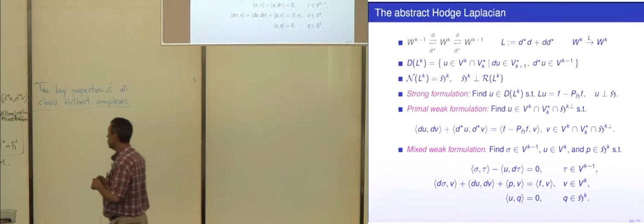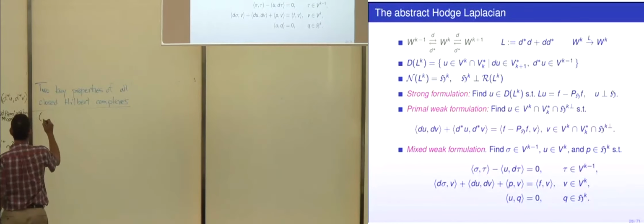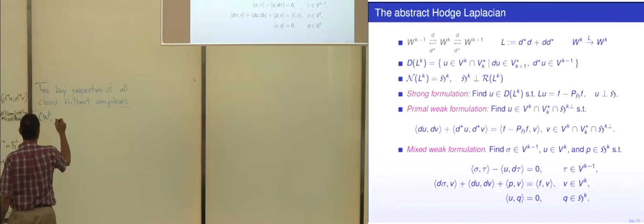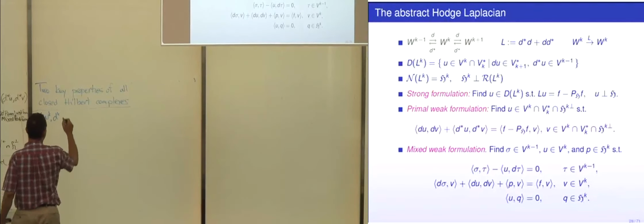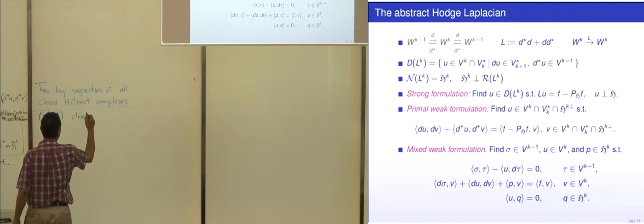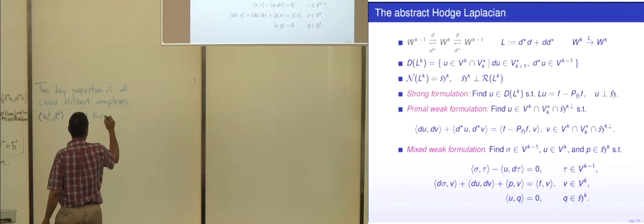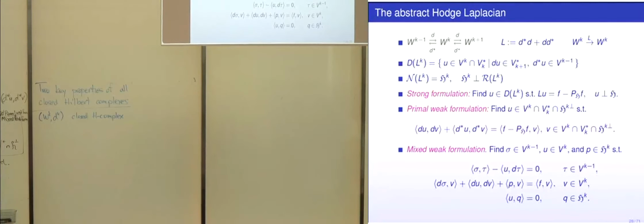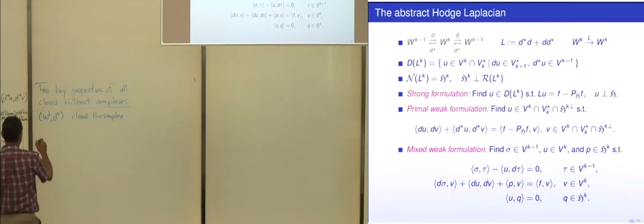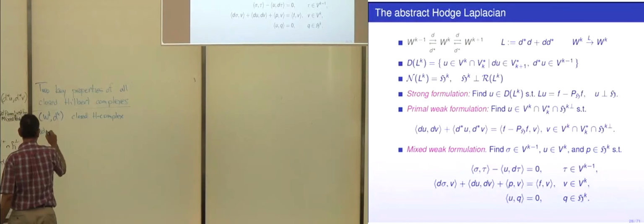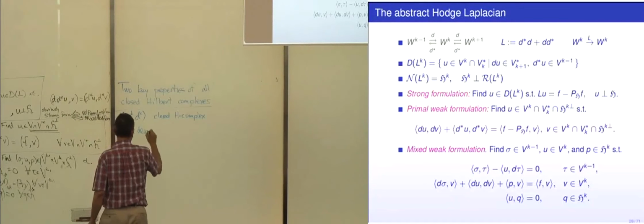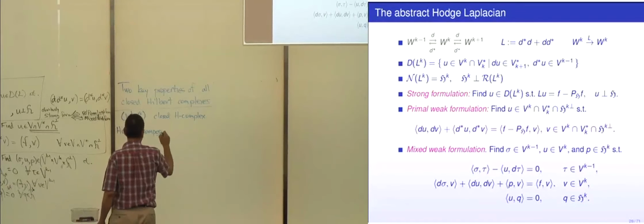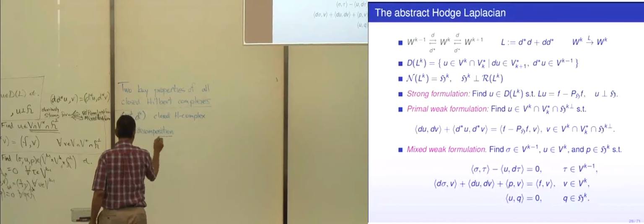So we have a closed Hilbert complex, the W^k's and the d^k's with the domains V^k. And the first is going to be the Hodge decomposition. So that's the first key property: whenever you have a closed Hilbert complex, you have a Hodge decomposition.